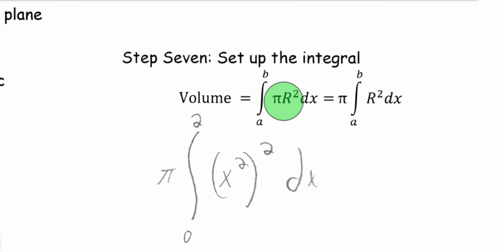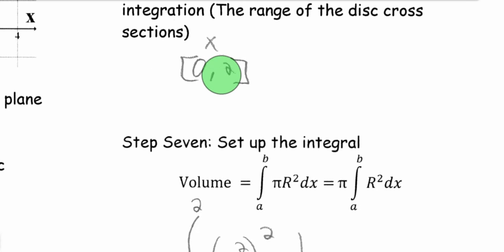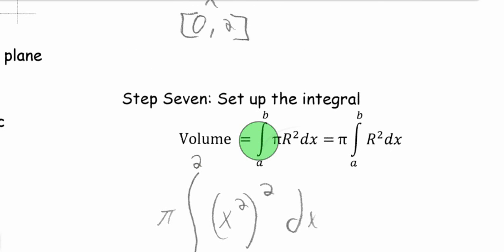So we call it the disk method, but each disk is just a circle because it has a radius going all the way around. The volume form is going to be from A to B, so basically these limits from 0 to 2, in this case, of a bunch of circles, dx. In this case, our radius is x squared, but in general, it's just pi r squared.